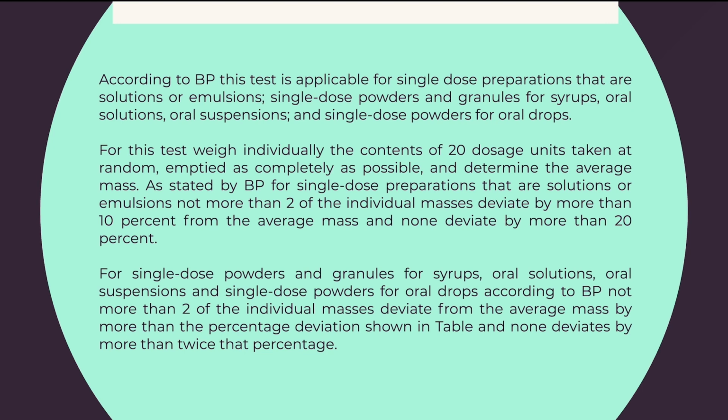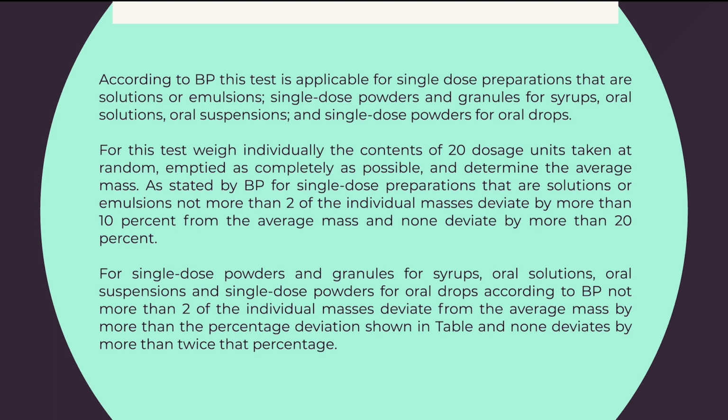For this test, weigh individually the contents of 20 dosage units taken at random, emptied as completely as possible, and determine the average mass. As stated by BP, for single-dose preparations that are solutions or emulsions, not more than 2 of the individual masses deviate by more than 10% from the average mass, and none deviate by more than 20%.